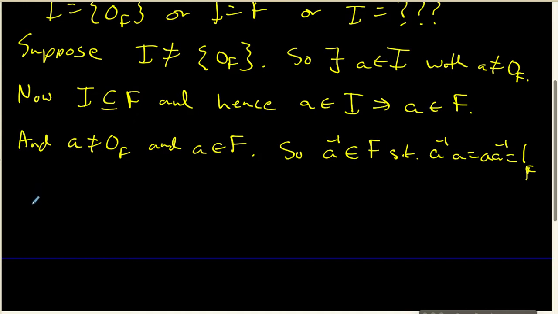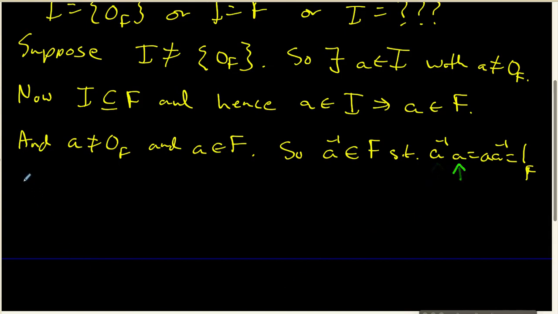And I really want to think about what that statement says, because in this statement, I have an element of my ideal times an element of the big ring, the field F. And because I is an ideal, any element that is something in the big ring times something in the ideal is going to fall into the ideal.